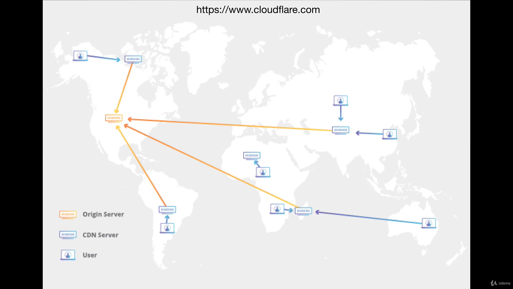Now, what does that mean? Well, originally, if this is our origin server, that is our own server that we have all our files on, and these CDN servers are owned by Cloudflare.